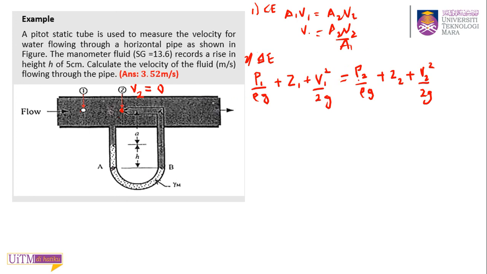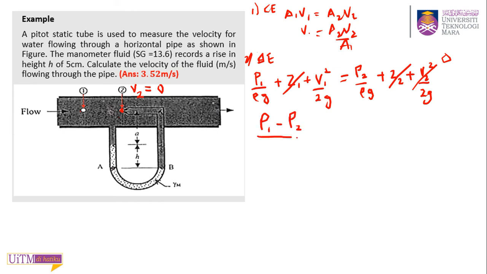Okay, now because V2 is 0, you cancel out this term. What else can you cancel out? Z1 and Z2. Yes, because they are at the same elevation, you can cancel out the Z1 and Z2 terms.